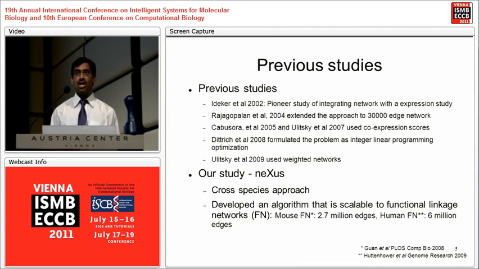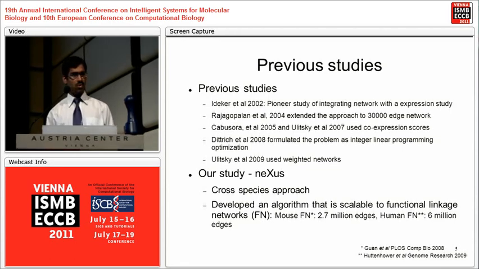In our study, the novel contribution is that we are doing a cross-species approach. That is, if you have data in one species and you can find data in another species, we have developed an algorithm to integrate these two expression datasets and use networks to do this integration.